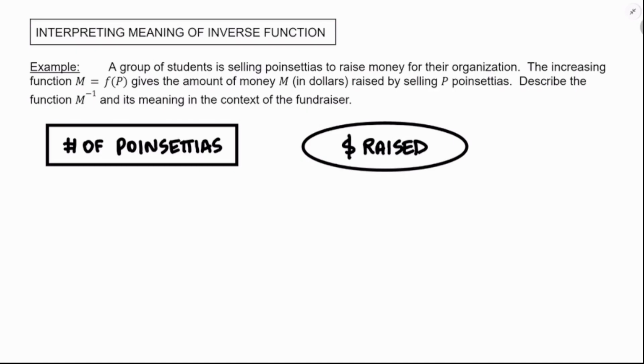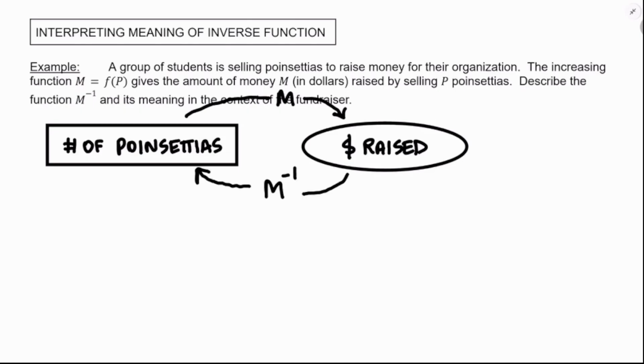In this context, m is a function that takes a number of poinsettias and gives you back an amount of money raised. I'm writing on top of the text, but I think that's all right. So m inverse, like we said before, will map the output values of the function to their corresponding input values.